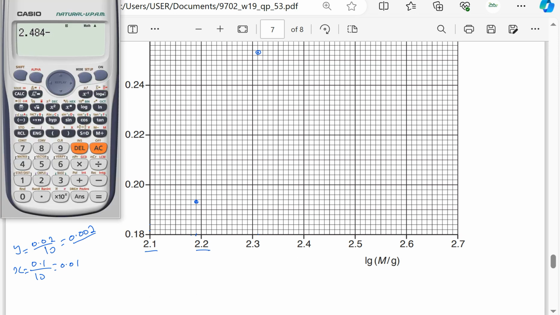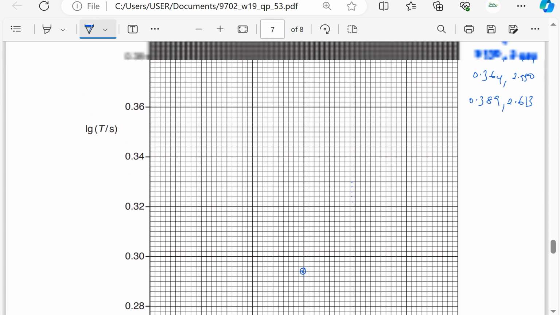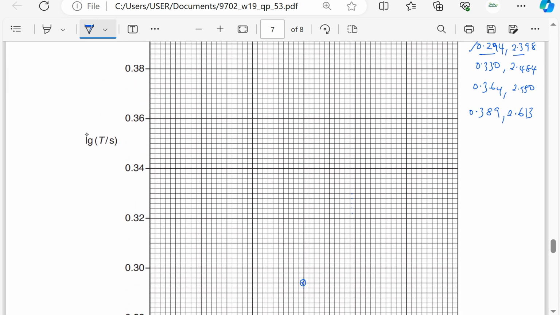It is very close to 2.4, so I'll say minus 2.4 divided by the scale, which is 0.01. So I'll add almost 8.5 small squares on 2.4. 1, 2, 3, 4, 5, 6, 7, 8.5, almost 8.5. So it is approximately here. So I'll mark this point with a circle. That is the point I'm plotting.